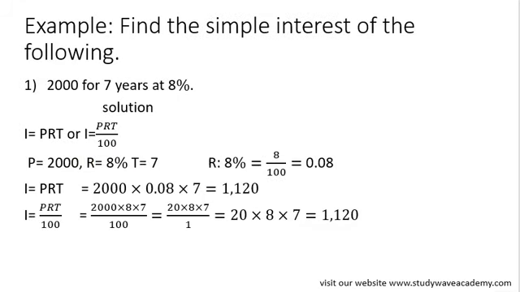One of the examples says, find the simple interest of the following. Number one, 2,000 for 7 years at 8%. How are we going to solve this? We'll first write out our formula, I equals PRT or I equals PRT over 100.